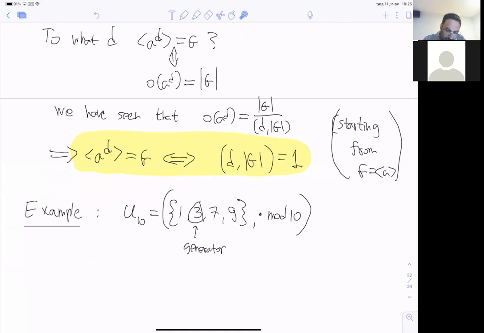Let us represent the elements of U10 by powers of 3. So this is 3^0, 3^1, 3^2, and 3^3, isn't it? Just let me check it. Here is 2, not 4. This is 3 to the power of 2, which is 9. And 9 multiplied by 3 is 27, and 27 modulo 10 is 7.